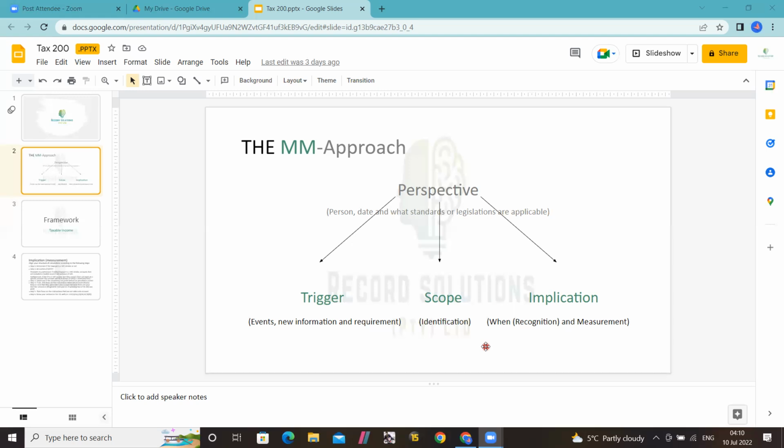That's the question here. Firstly, we know the person, we are the company, Milky Treats, right? The year of assessment, we know it ends on January 2022. And for VAT purposes, we have to know what category that VAT vendor is, to know the period.